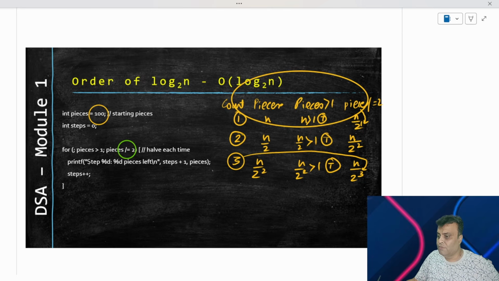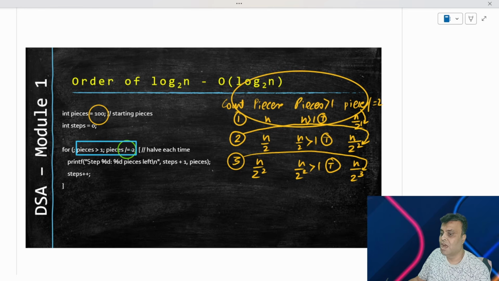Now, the number of times this gets executed, or the outcome that pieces will have, is dependent on the number of times. In fact, we should have started by saying that we typically do not know how many times this loop will run, because pieces is getting halved every time.